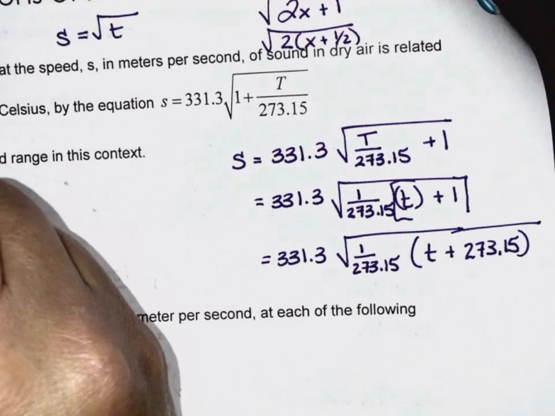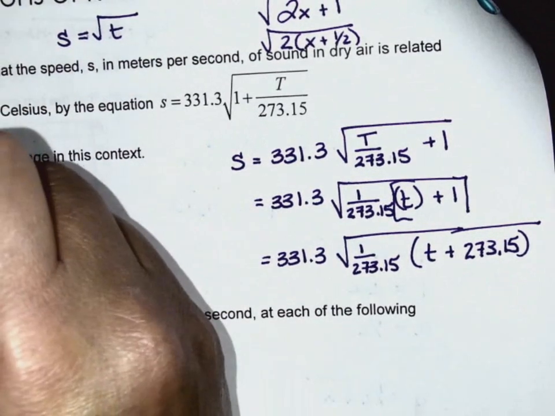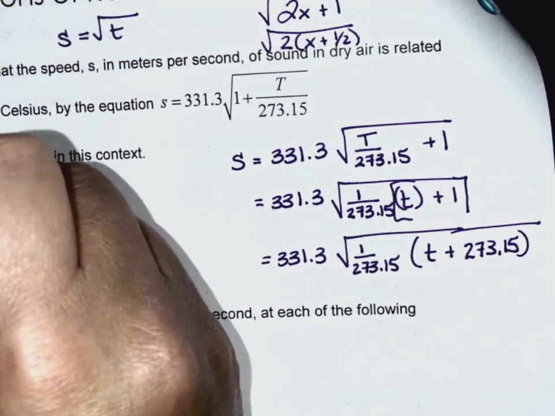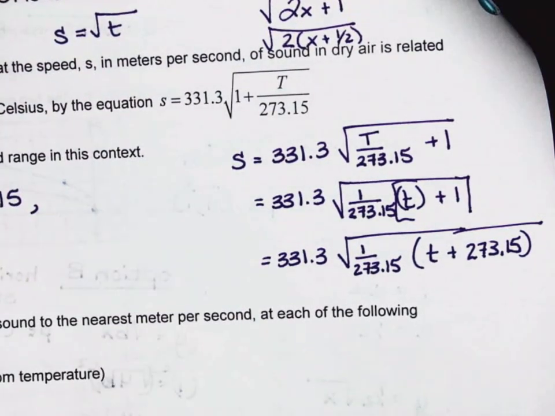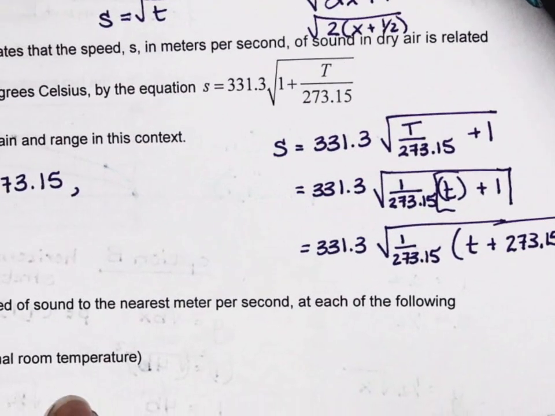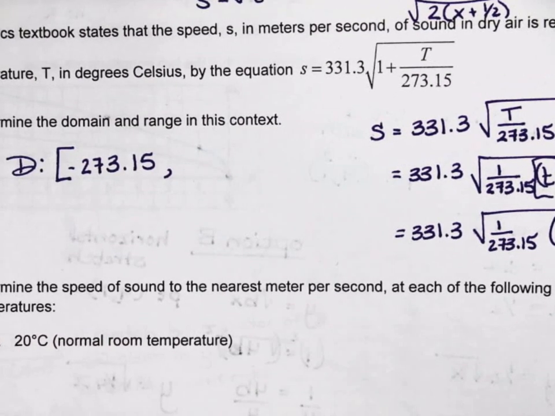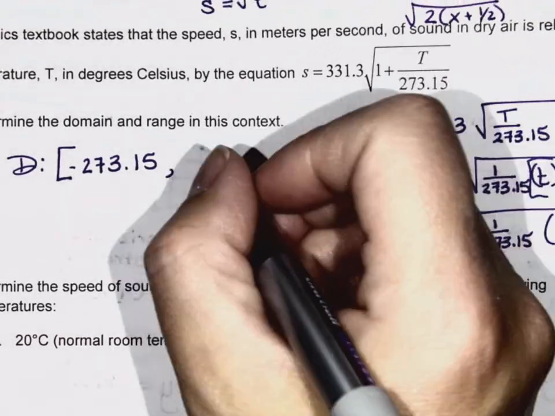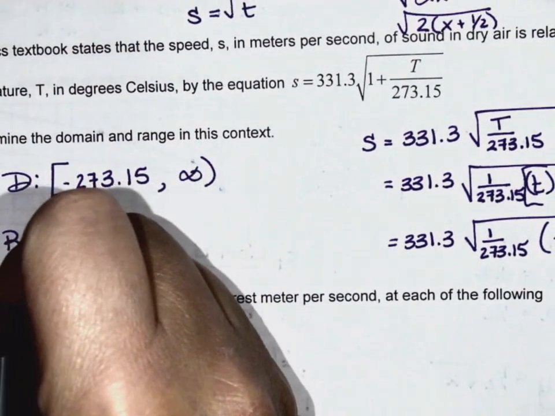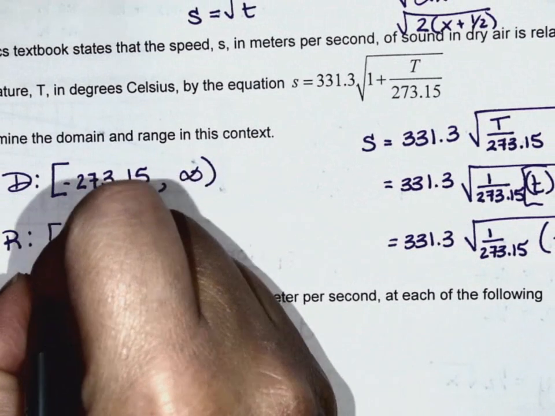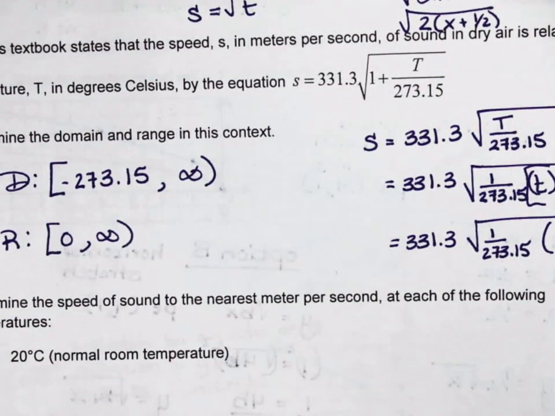So for the domain, I'm going to start my graph at negative 273.15. Were there any reflections here? No, so I know I'm traveling in a positive direction, so that's going to go to positive infinity. Range is going to be the same as the basic graph.